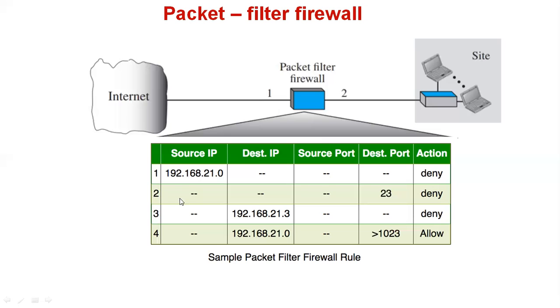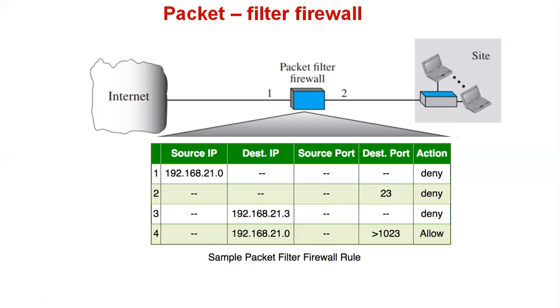If the source address of the packet is like this, 192.168.21.0, it does not allow the packet. So the incoming packets from this source IP address are denied. It is set by the user on this site. Similarly, if the incoming packet is for destination port 23, the TCP port for telnet, it is also denied.